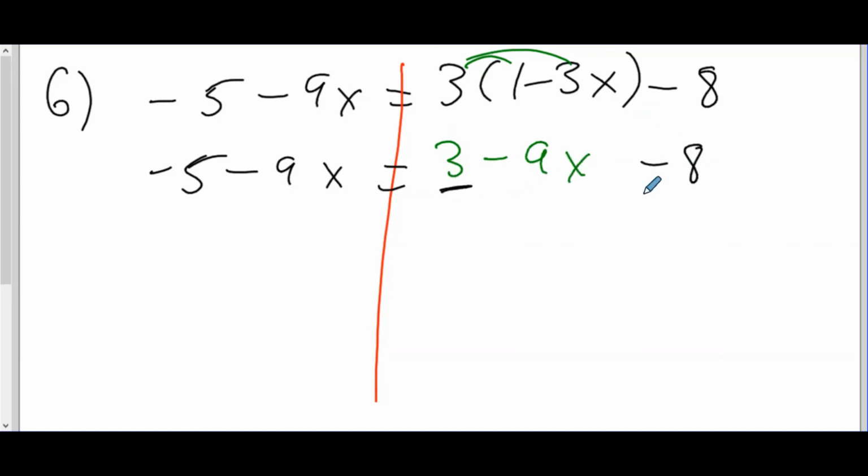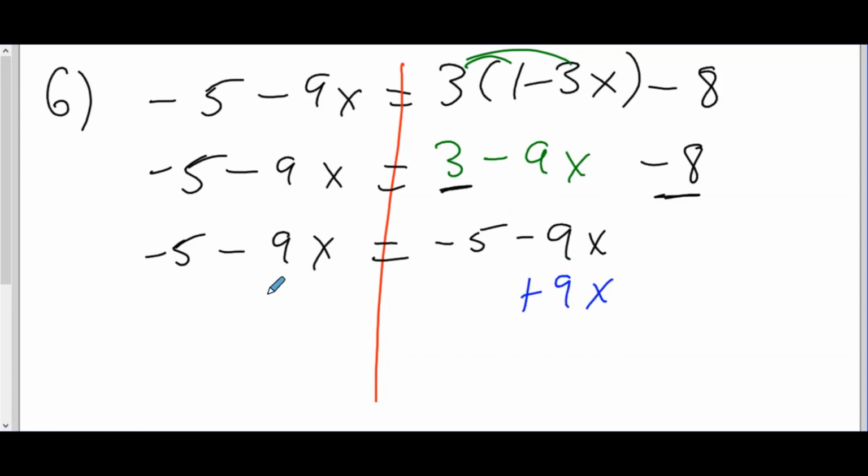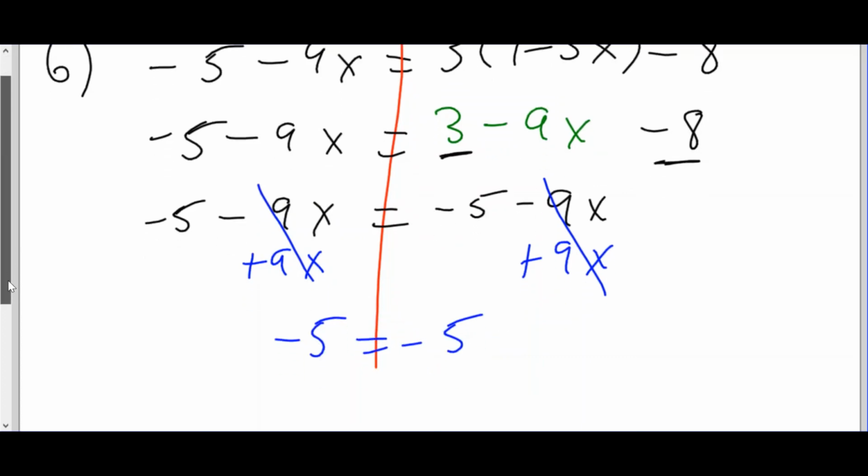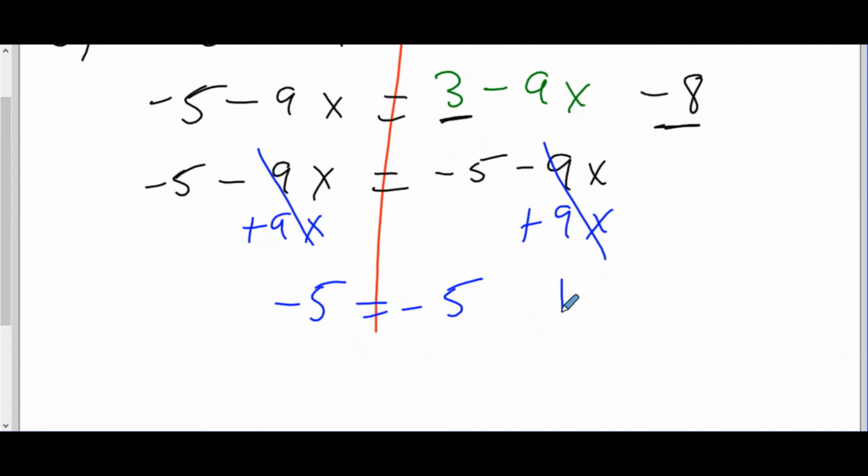And then I do have some like terms on the right side, so I will keep the left side the same. 3 minus 8 is a negative 5. Notice that both sides are now exactly the same. And so when I add my x's to move them together, like the last problem, they both end up canceling out. But this time I have negative 5 equals negative 5. And that is a true statement.